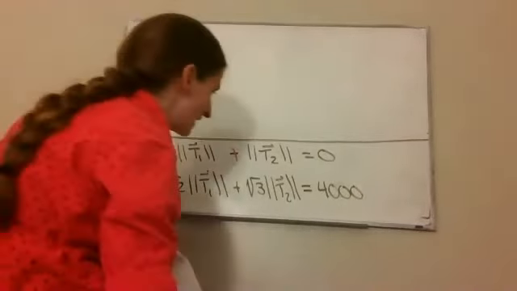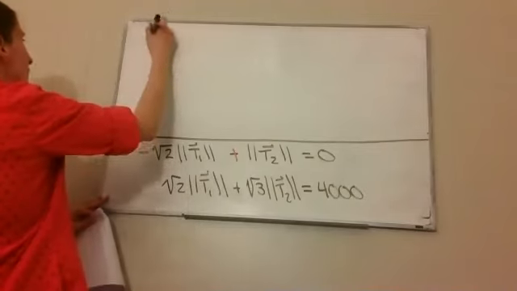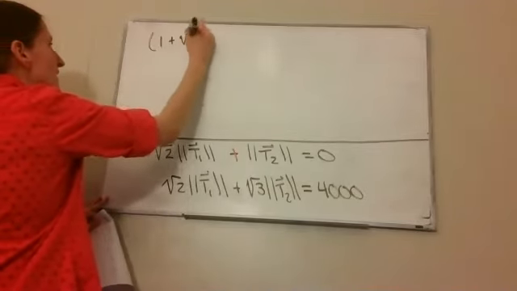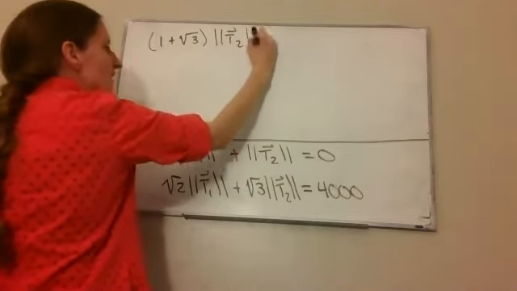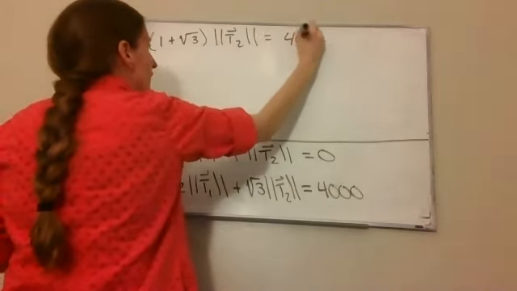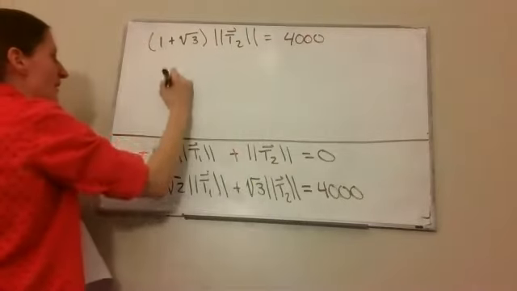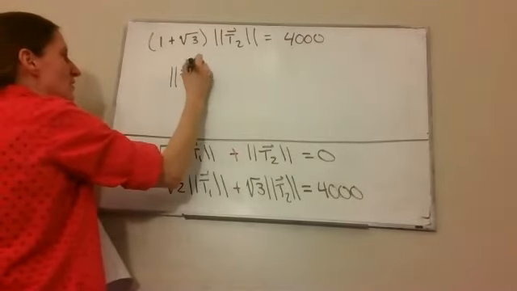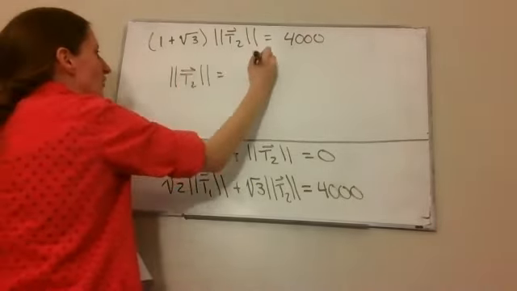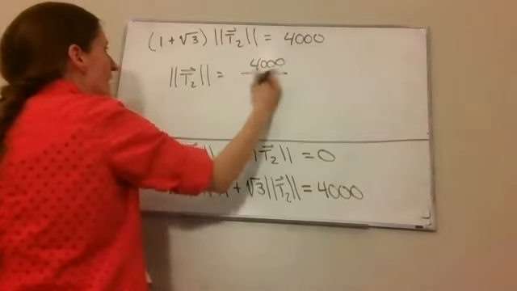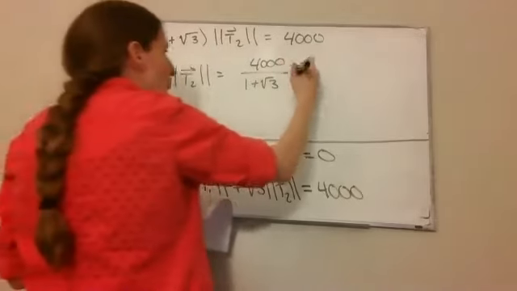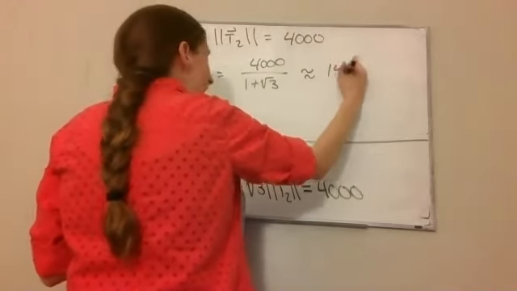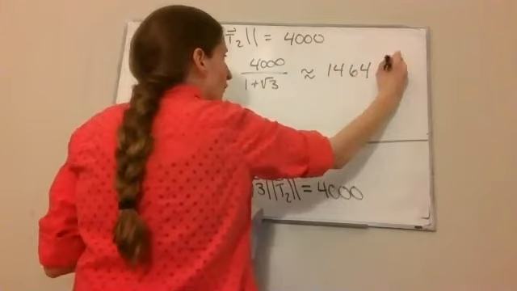And I will get 1 plus a square root of 3 times the magnitude of T2 is equal to 4,000. So that means my magnitude of T2 is equal to 4,000 divided by 1 plus the square root of 3. And this is approximately 1,464 pounds.